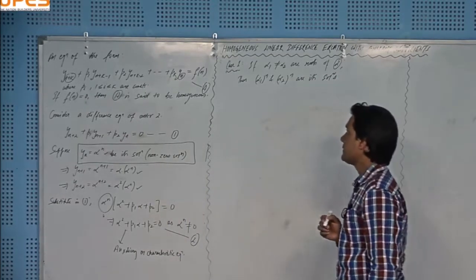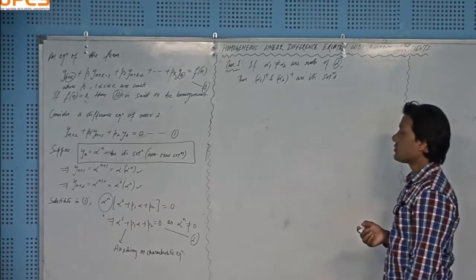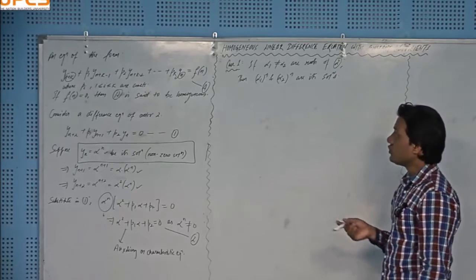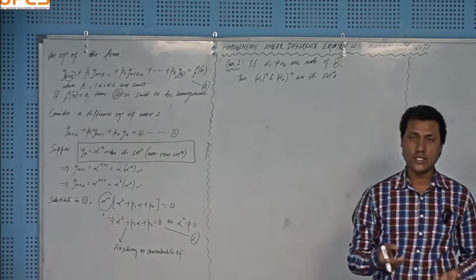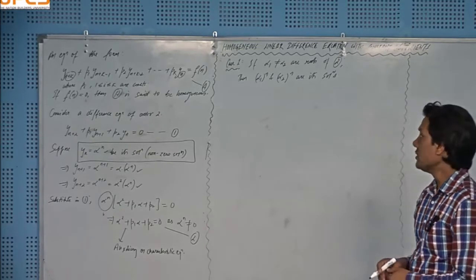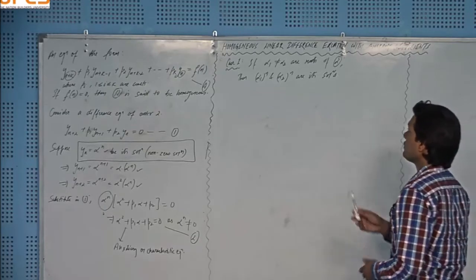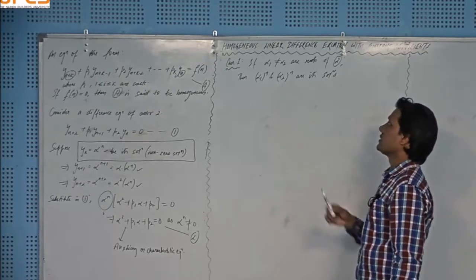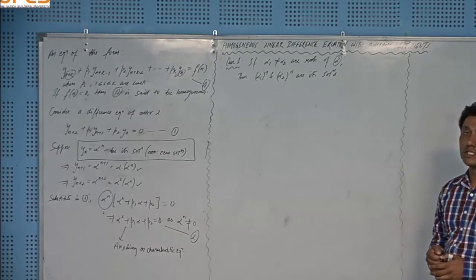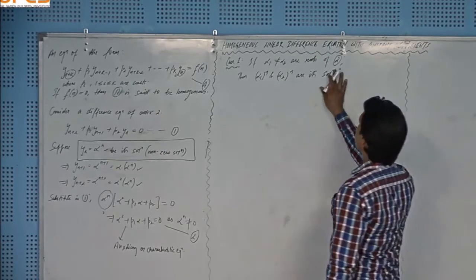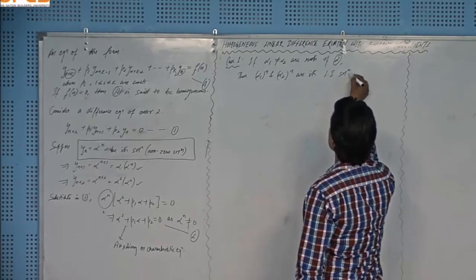Since these are two solutions and both of them are independent solutions, why are we calling them independent? When we call two functions independent, you just take their ratios. If their ratio is a non-constant term, then we say that the functions are independent. If you take the ratio of these two, you will get alpha 1 by alpha 2 to the power n, which is not a constant, so both of them are linearly independent solutions, right?